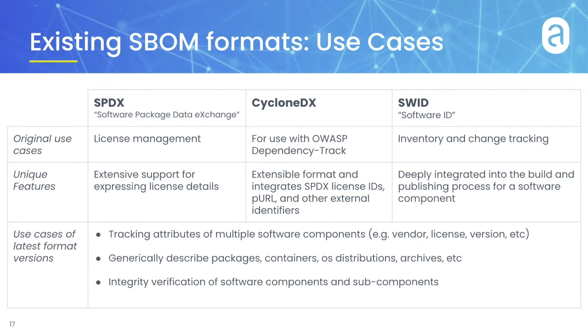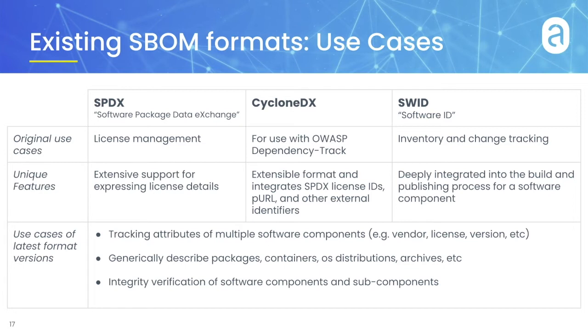And for Software ID, its original intent was for inventory and change tracking, where you bring Software ID tags with the software being deployed. So it's very deeply ingrained with the build and publishing process of your particular software. I think if you fast forward to today, all three of these tend to now cover the same case.